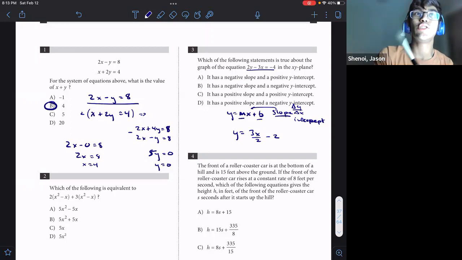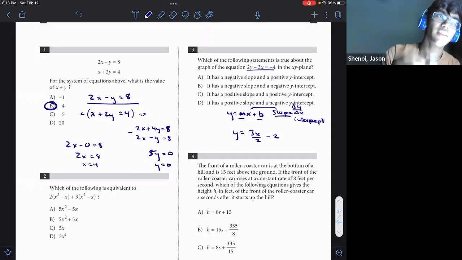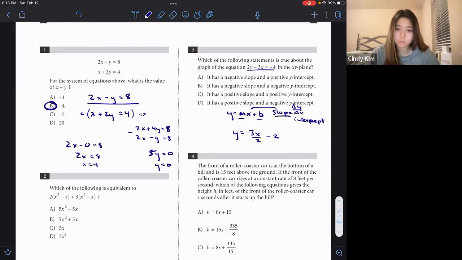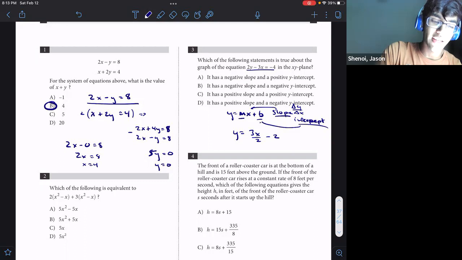It means your change in y, so how fast it goes up or down, versus how fast it goes across left to right. That's the slope, how much it changes over time. And then your intercept part of it is your b. This is your y-intercept. So where it crosses the y-axis.